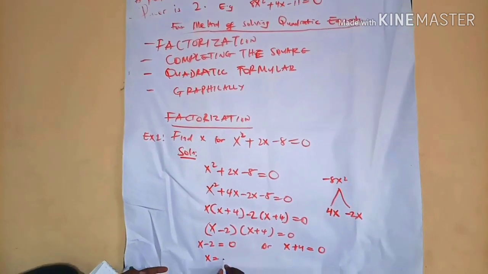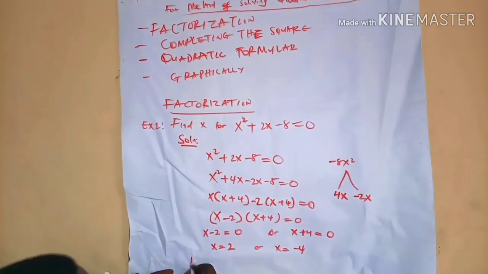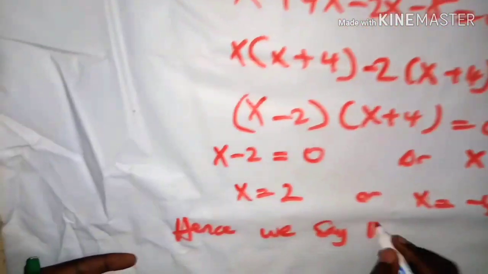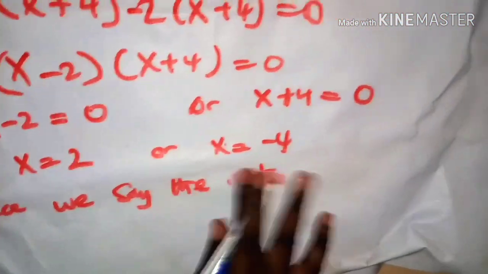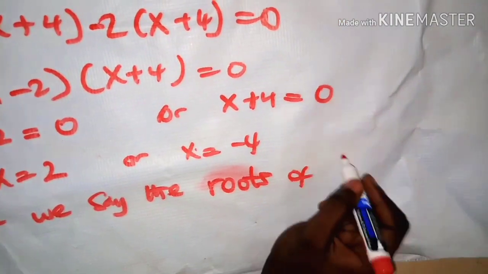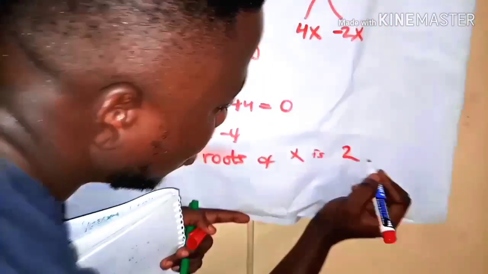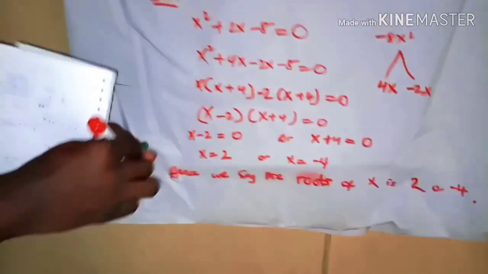So x equals 2 or x equals minus 4. Hence, we say the roots of x are 2 or minus 4.